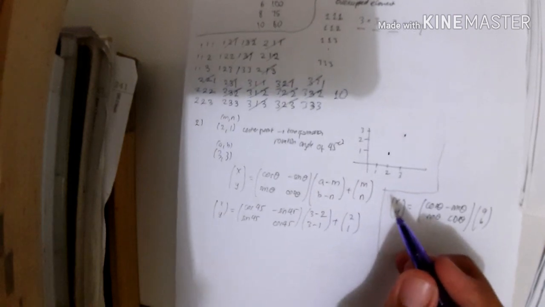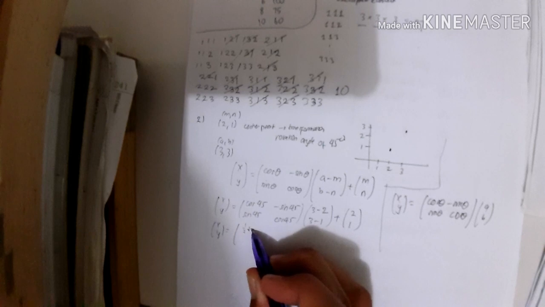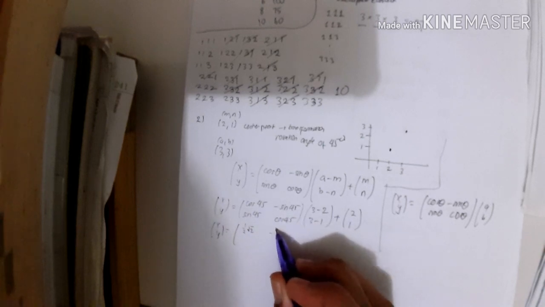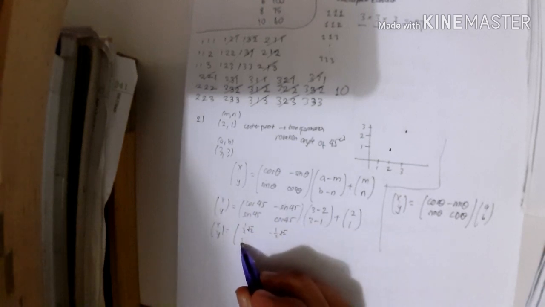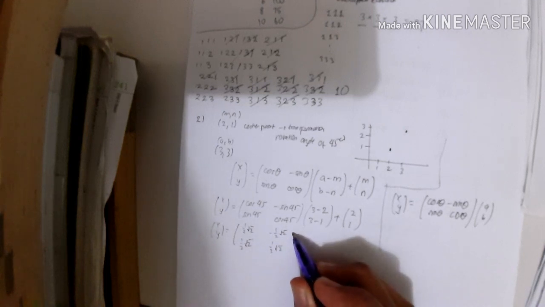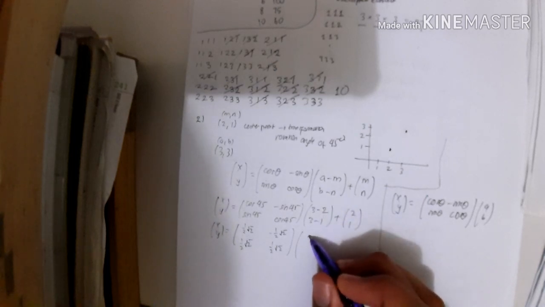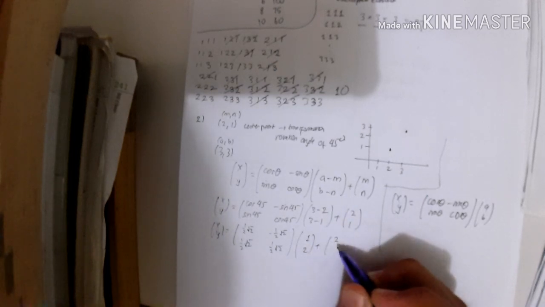So we calculate that as usual. Cosine 45 is half root 2, minus sine 45 is minus half root 2. This is half root 2 and half root 2. Then this is 1, 2 plus 2 and 1.